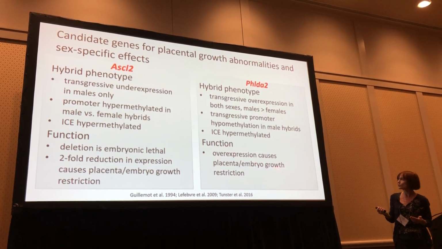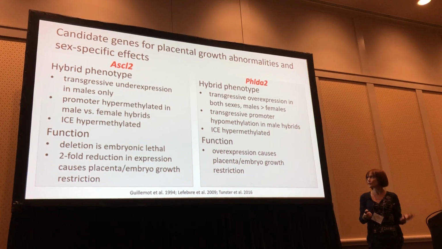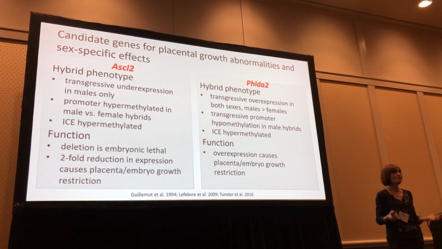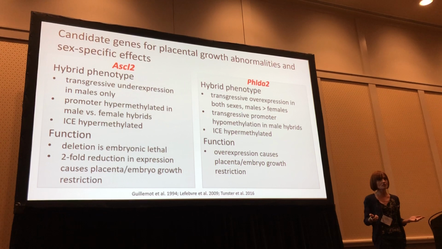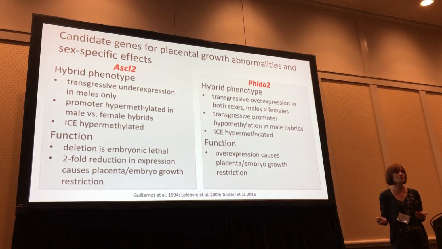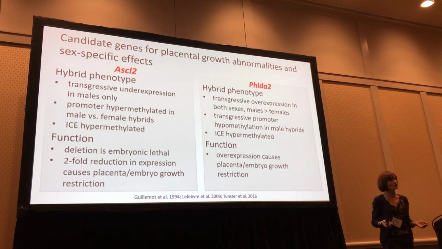If you overexpress this gene, which is what we see in the hybrids, you get placenta and embryonic growth restriction, the phenotype that we see. So this is cool. This is obviously just associations at this point, but we think that these are exciting candidates to go forward with. However, this in no way explains why males are worse off than females as hybrids.